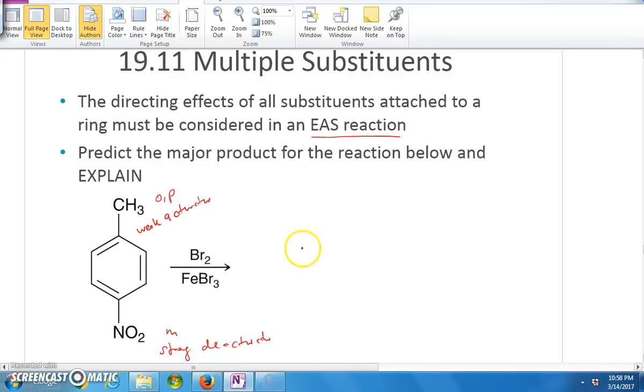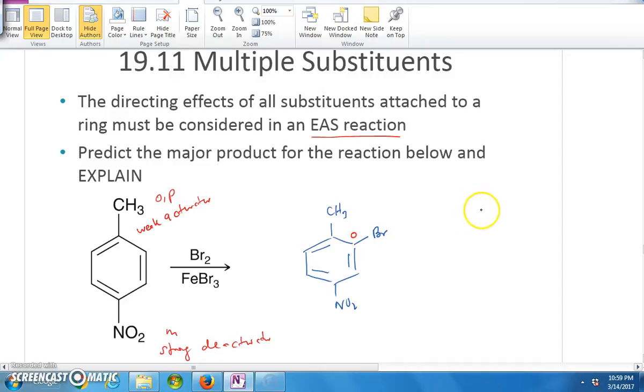So what happens is, because the methyl group is stronger than the NO2, the methyl group is a better activator. It will direct the bromine to the ortho position, while the nitro group will direct it to the meta position.